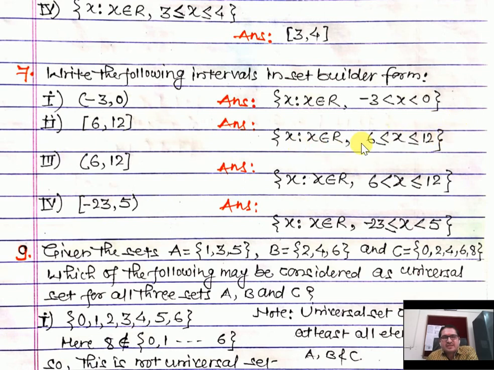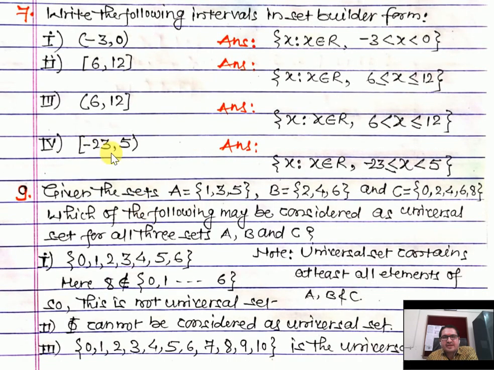Now x such that x belongs to R, here closed bracket with 6, right, and with 12 also. So x greater than or equal to 6 but less than or equal to 12. Here open bracket, and this is the closed. So x such that x is an element of R, x greater than 6 but less than or equal to 12. Here x greater than or equal to -23 but less than 5.